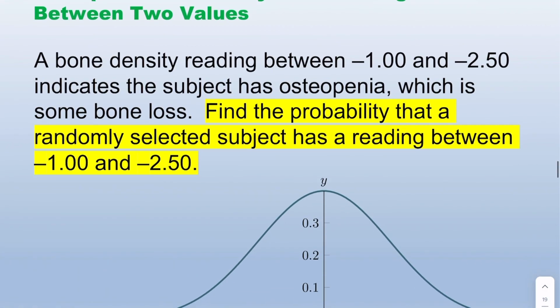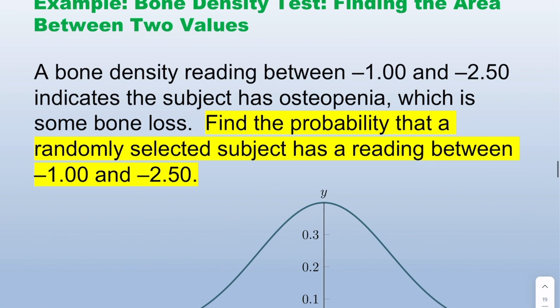Okay, and now for the last example in this set, we're going to do between two values. A bone density reading between -1 and -2.5 indicates that the subject has osteopenia, which is some bone loss.